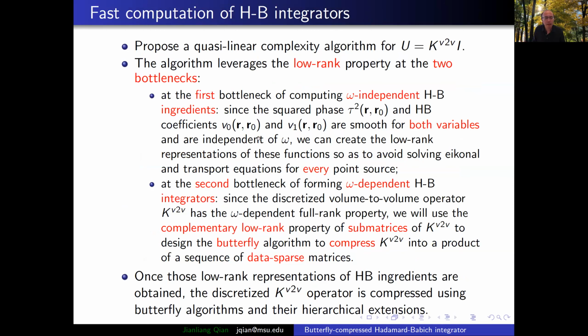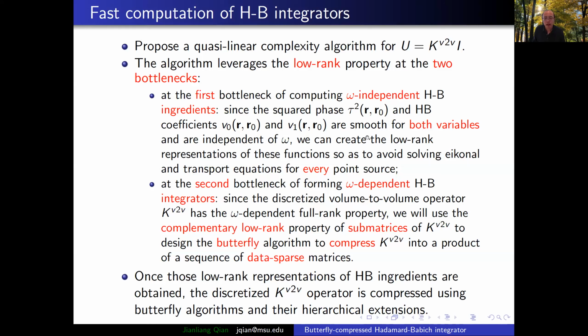So these are the two issues. First, how do we compute and store those Hadamard-Babich ingredients, tau square, V0, V1? Because those quantities are smooth and independent of frequency, and that is very important, our scale separation allows us to separate the 3D functions from the frequency omega.